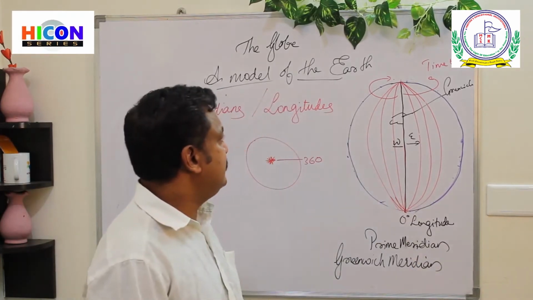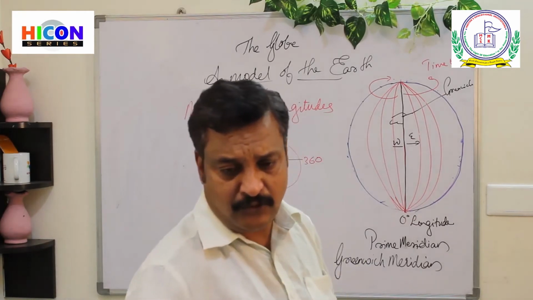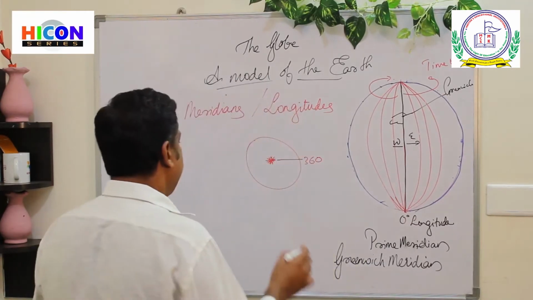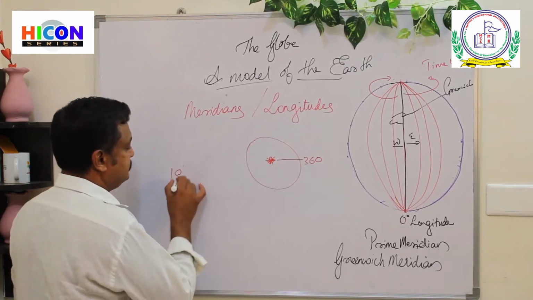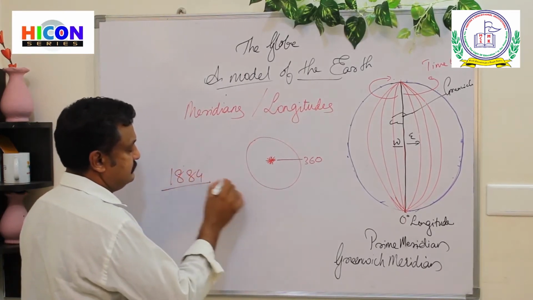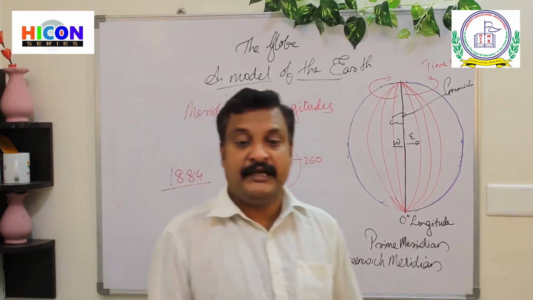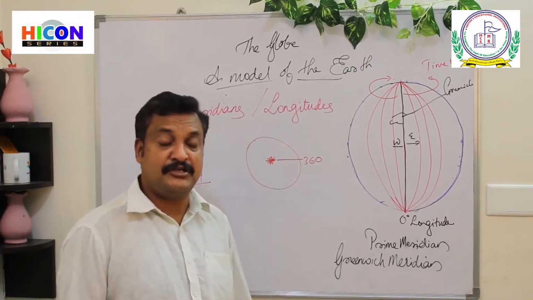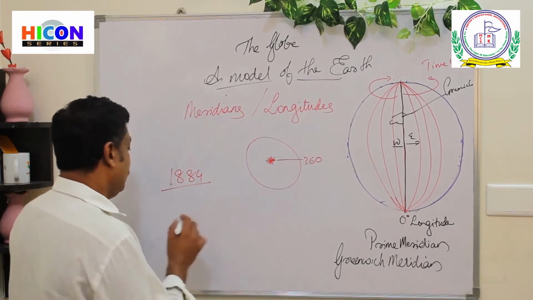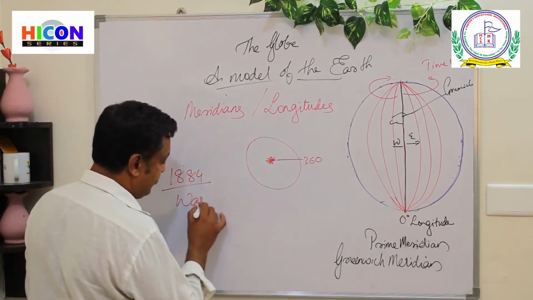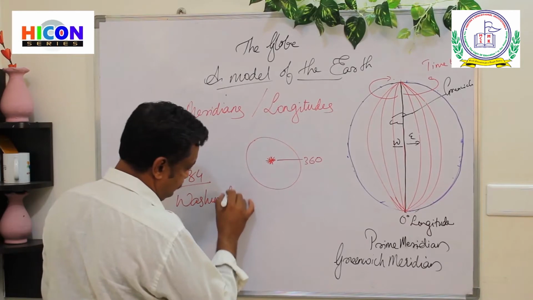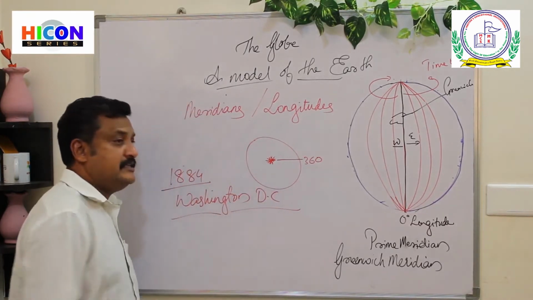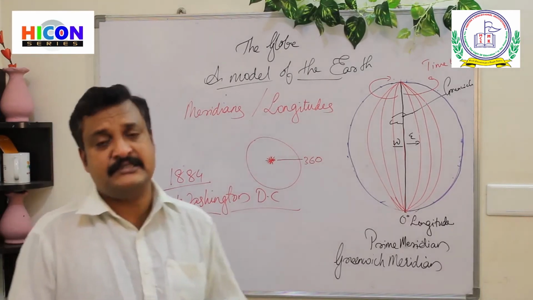So in the year 1884, okay, in the year 1884, there was an international conference held at Washington DC. Do you know where Washington DC is?